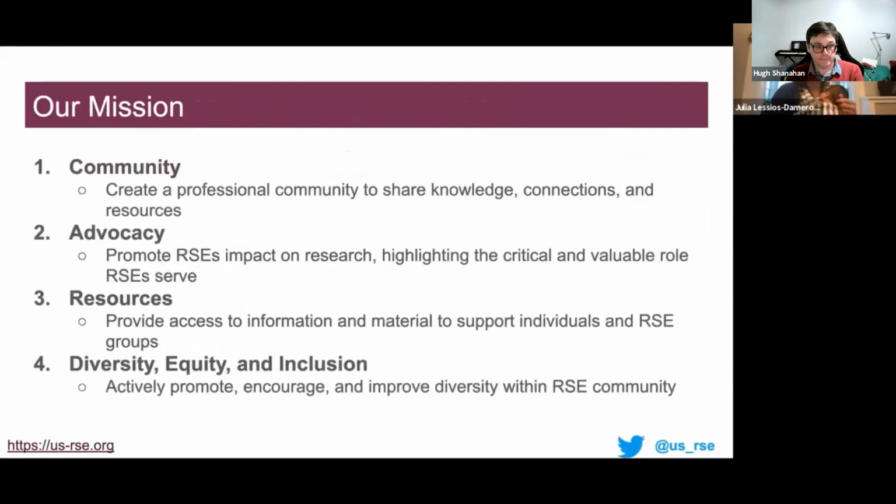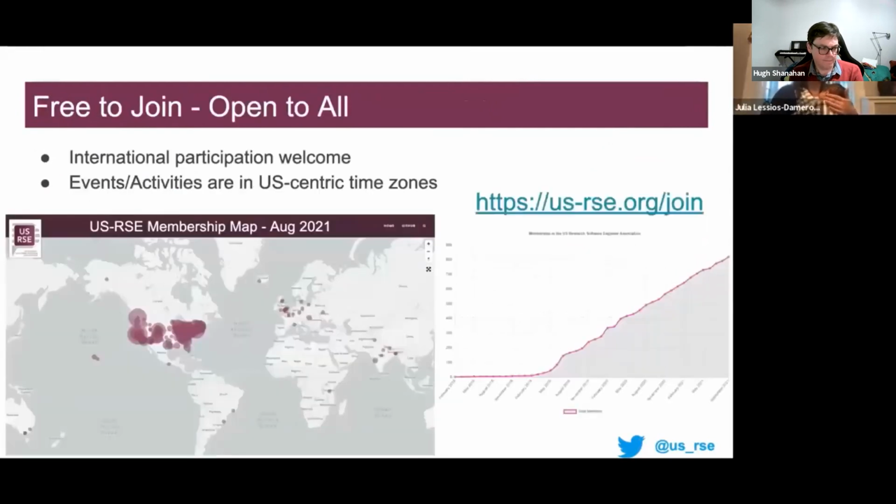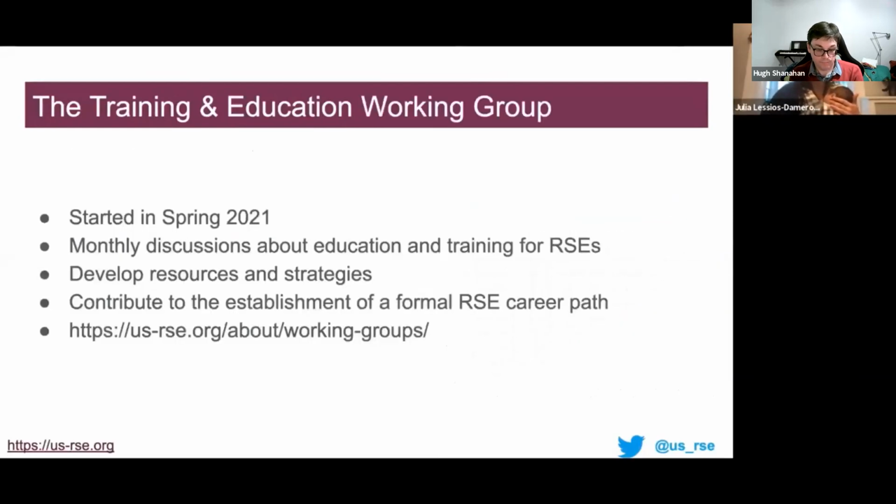The mission of USRSE is to provide a community for knowledge exchange and networking, to advocate for the career path of an RSE, to provide resources for groups and individuals, and to improve and promote diversity within the RSE community in the US. It's generally free to join, it's open to anyone. International participation is welcome, but any events are in US-centric time zones.